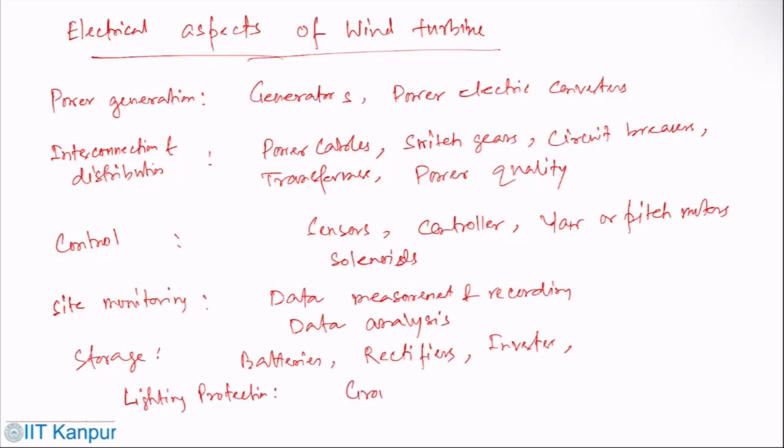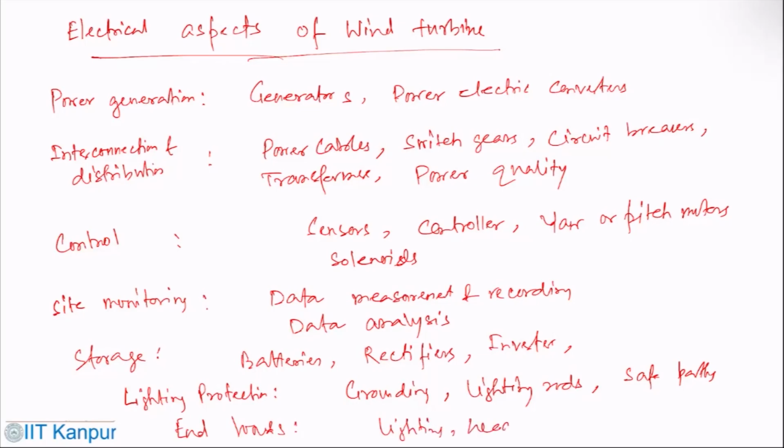You have grounding, lightning rods, safe paths. Then you have end loads, which is lighting, heating, and motors. Okay.